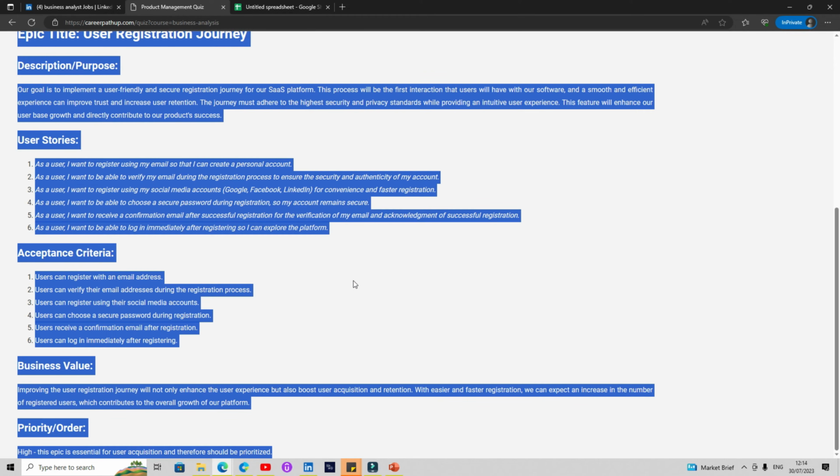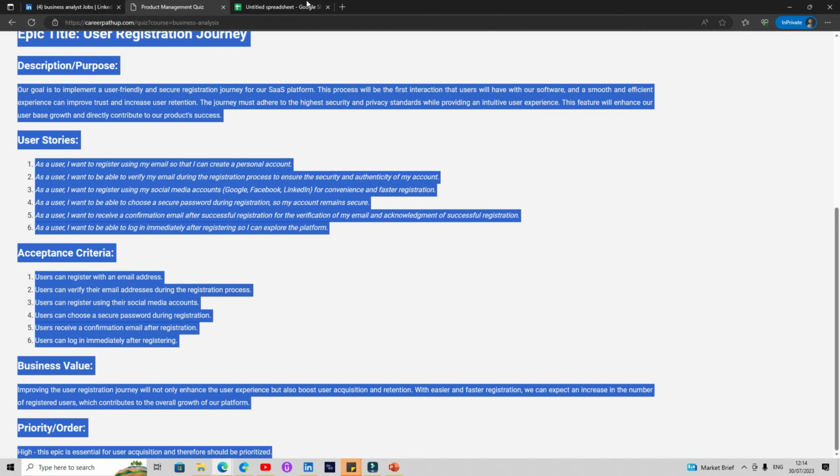Now, depending upon the level, let's say junior or mid-level, we'll simply say write any user story you are comfortable with, which gives them flexibility to use their existing knowledge and skills. But when we are dealing with senior people, then we will give them a specific challenge where they may have to write about something where they don't know much.